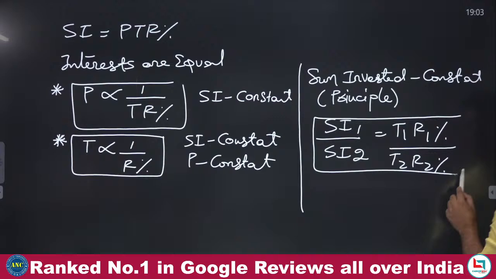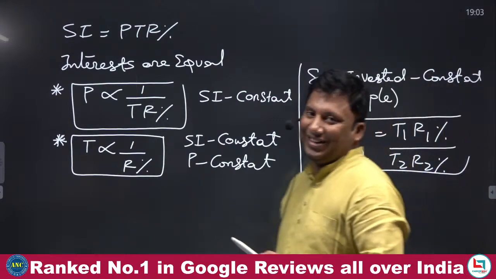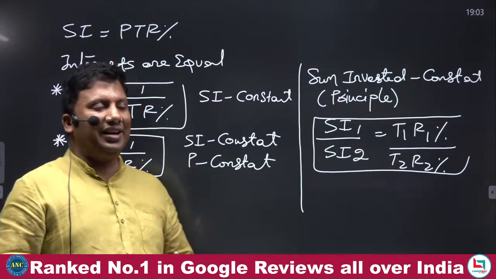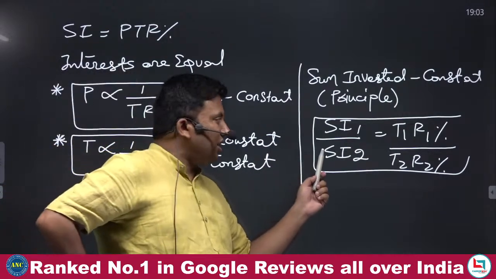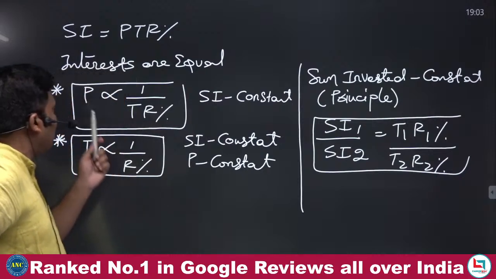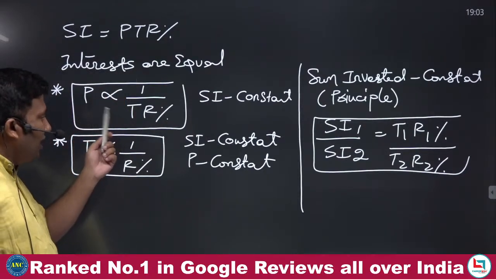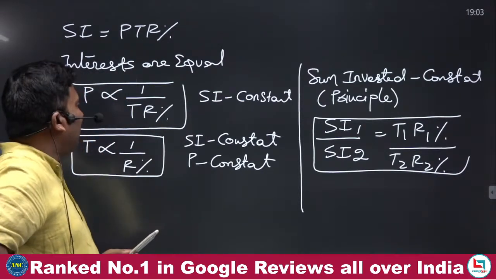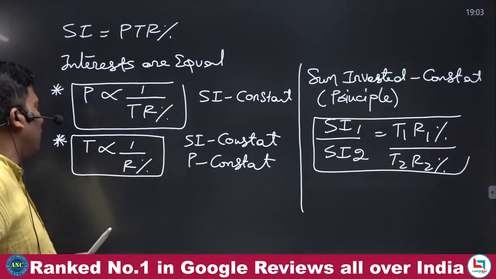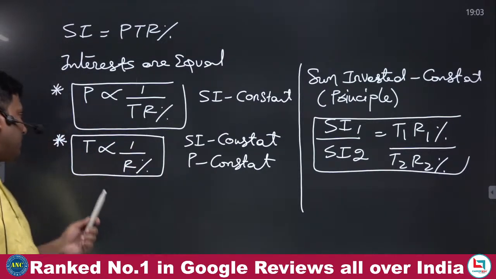Simple interest ratio will be in the ratio of the product of time period and rate of interest. Principal is inversely proportional to T into R percentage.